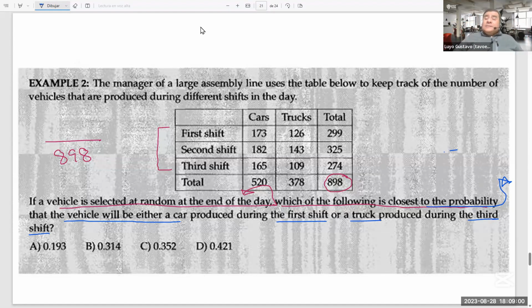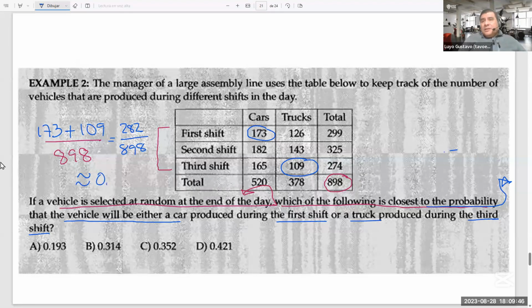So what is the number of cars produced during the first shift? According to the table, it is 173. And the trucks produced during the third shift would be this number, 109. So what we need to calculate here is this quotient, right? 282 divided by 898.